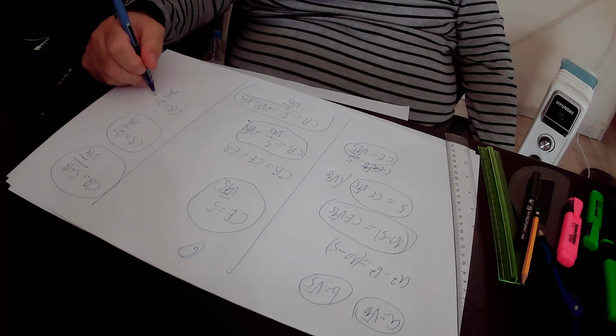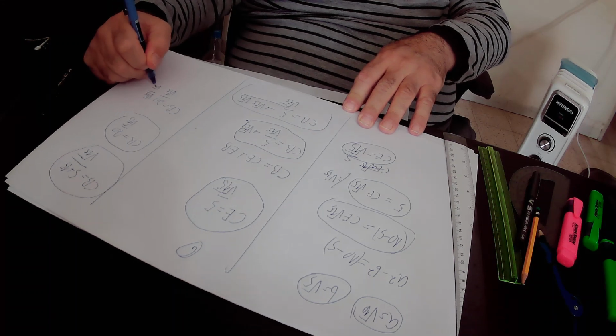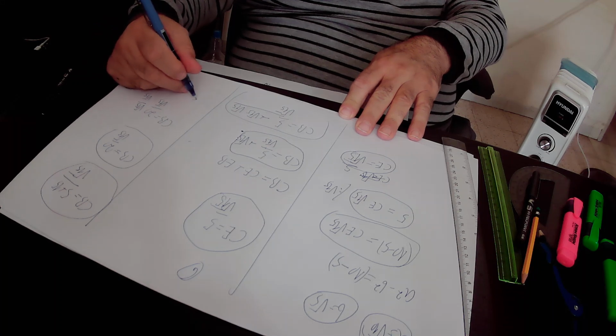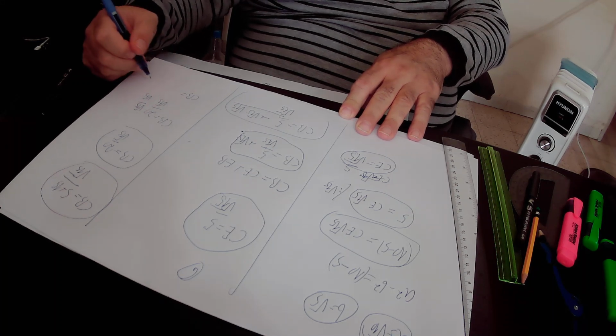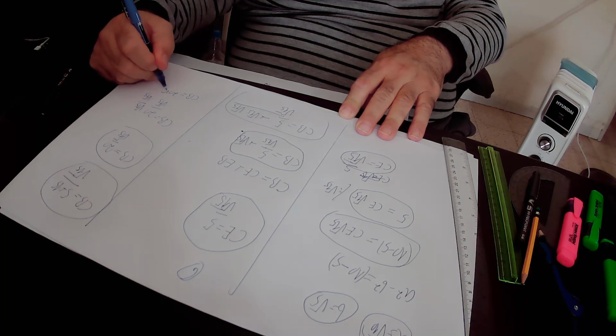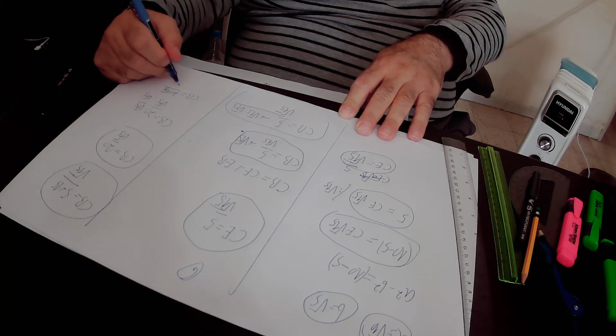Now we will multiply this expression by square root of 15 and then divide it by square root of 15. We actually multiply it by 1, so we change nothing. So we get that CB equals, in the numerator, 20 times square root of 15 over square root of 15 times square root of 15, which is 15.